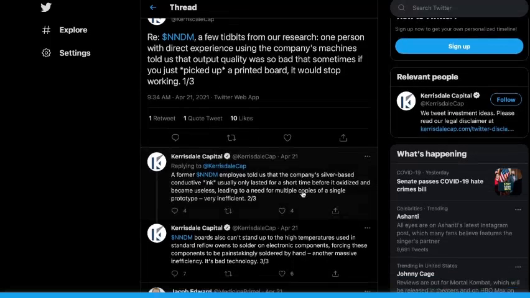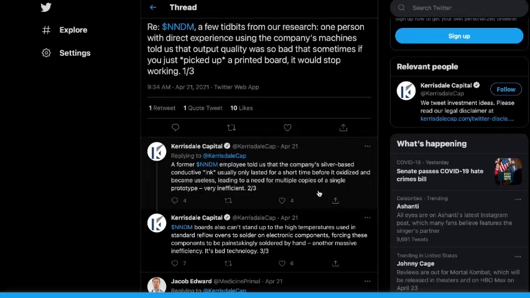A former NNDM employee told us that the company's silver-based conductive ink usually only lasted for a short time before it oxidized and became useless, leading to a need for multiple copies of a single prototype, very inefficient. NNDM boards also can't stand up to the high temperatures used in standard reflow ovens to solder on electronic components, forcing these components to be painstakingly soldered by hand, another massive inefficiency.